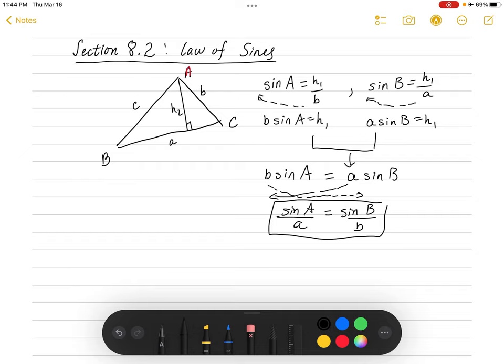And this time we're going to focus on the sine of big B. Now keep in mind the sine of big B. If this is big B right here, we're going to be dealing with the opposite over the hypotenuse. It's going to be H2 over C.